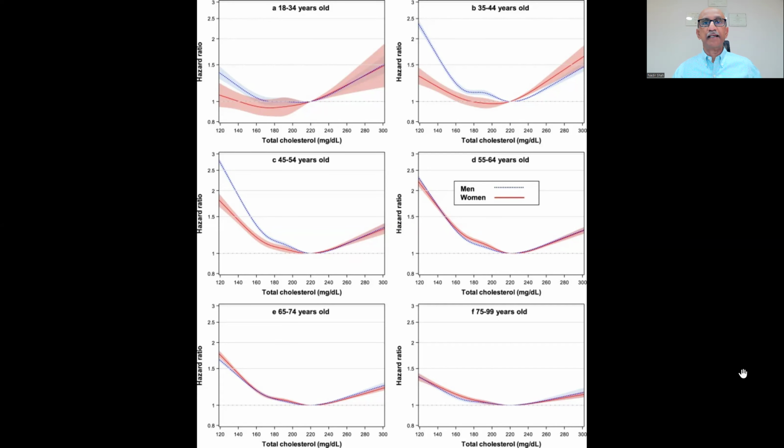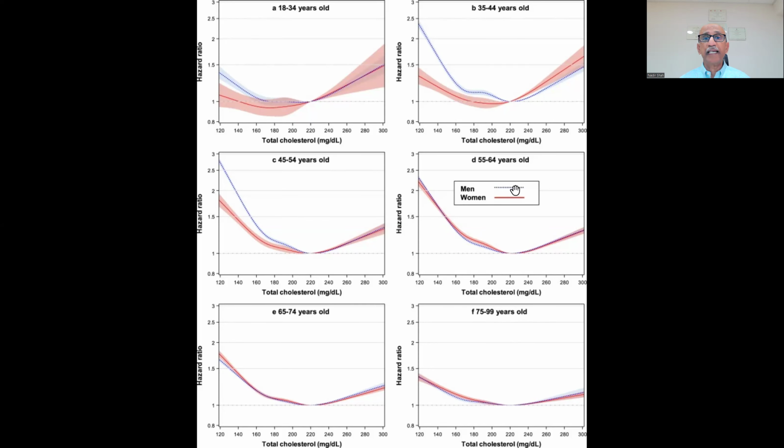What you are seeing here is a picture which comes out of the paper. It has six small graphs, and this is age specific. The first one is 18 to 34 years old, the second one is 35 to 44, then 45 to 54, then 55 to 64, 65 to 74, and then 75 to 99.